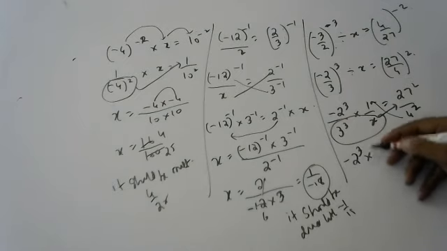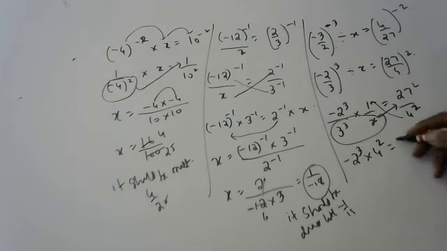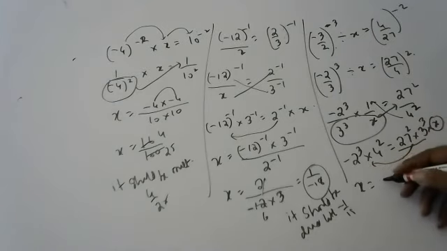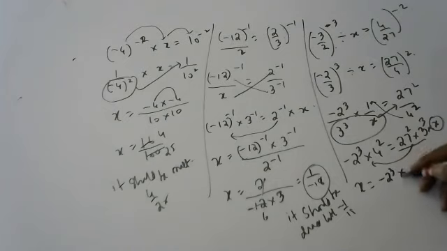Minus 2 cube into 4 square is equal to 27 square into 3 cube into x. This both will go down because we want x. X is the subject. X is equal to minus 2 cube into 4 square by 27 square into 3 cube. Okay, children, so what are you going to get here?